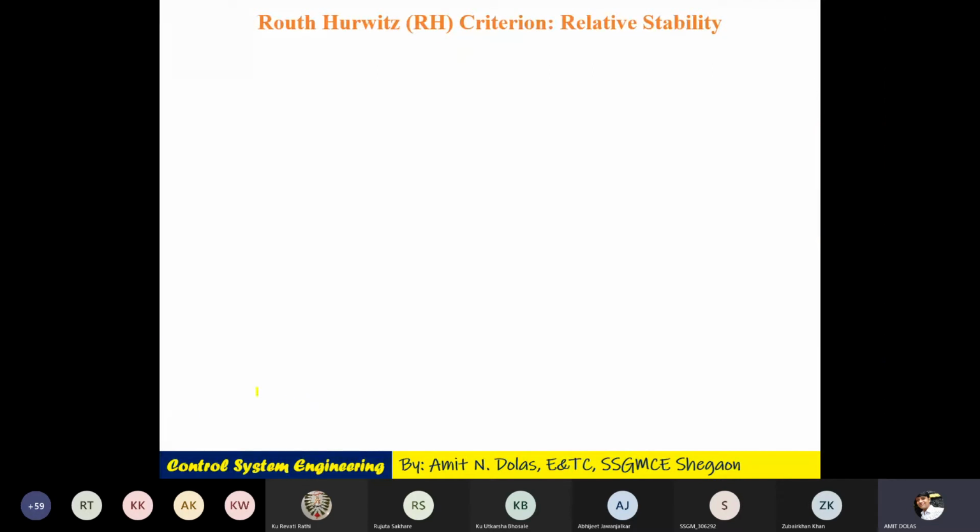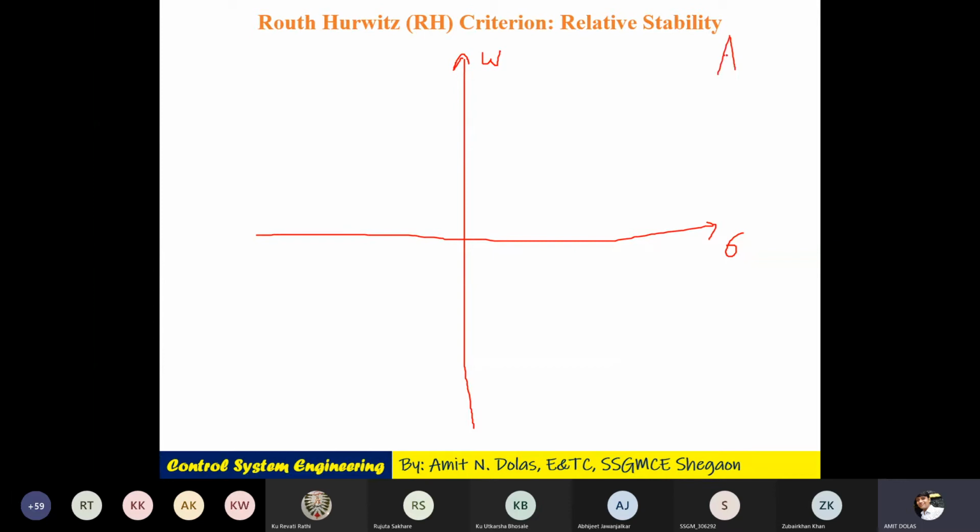Now, this PPT is blank because I would like to explain what is written in the previous slide. Suppose I have the S-plane. This is sigma, that is real, and this is j omega, the imaginary axis, and this is the real axis. Let's see the example of an air conditioner.